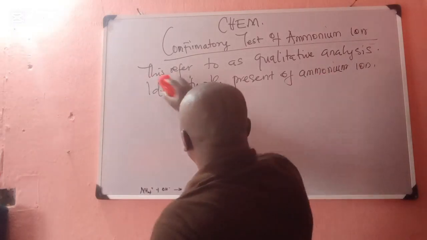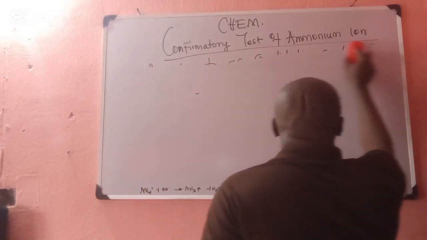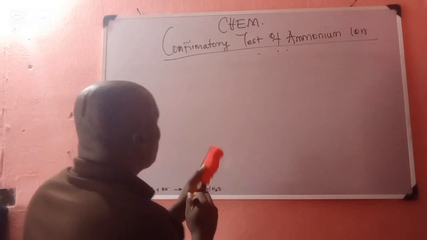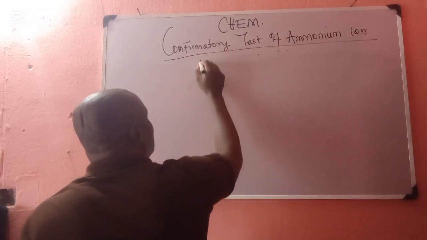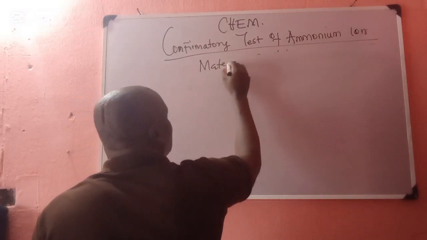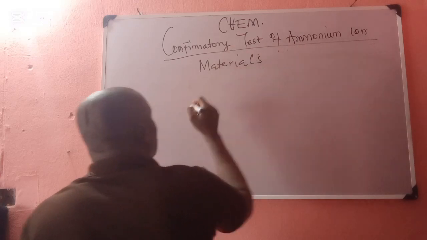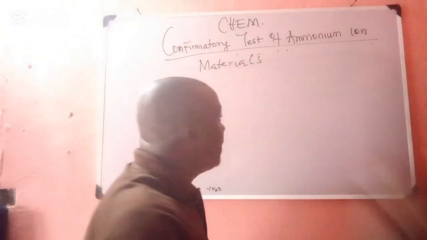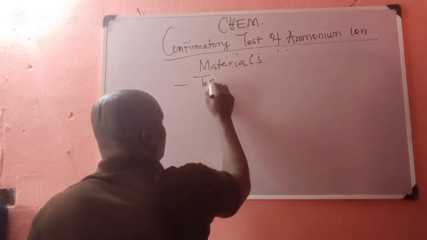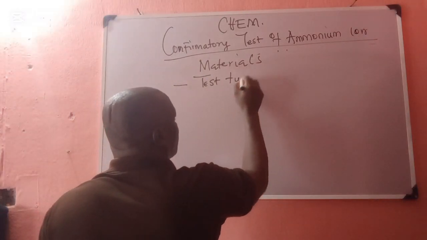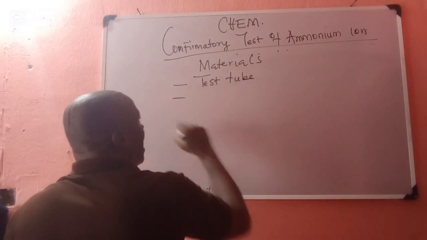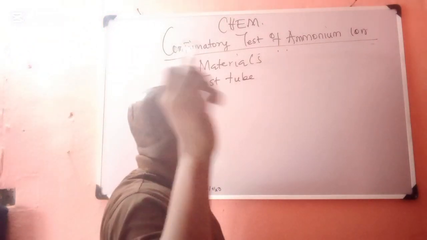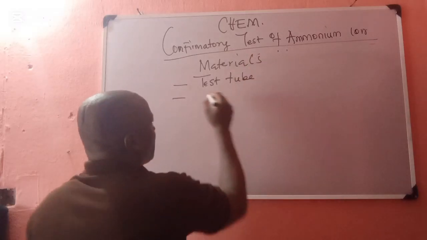So what are the materials needed? As we go deeper to confirm this, let's look at the materials needed. Material one: since it's a qualitative analysis, we need a test tube. We cannot carry it with our empty hands, so we need a test tube holder.